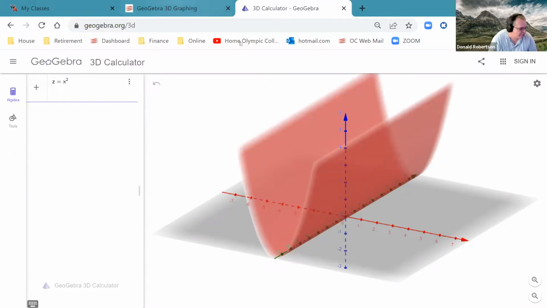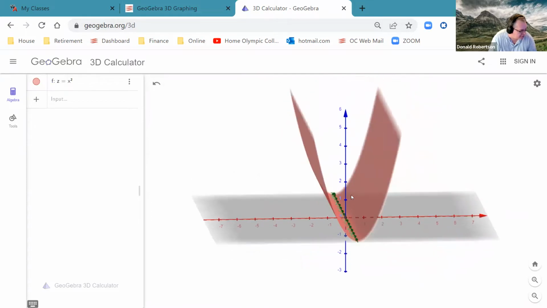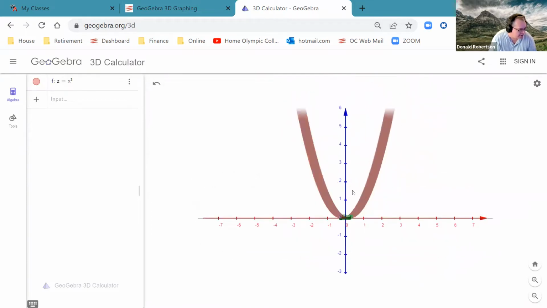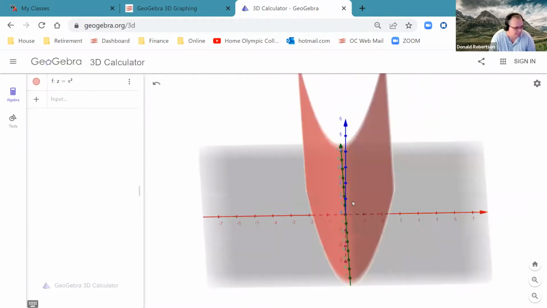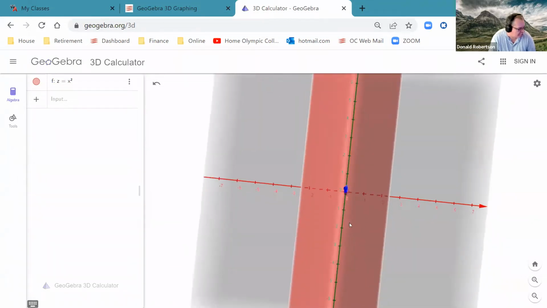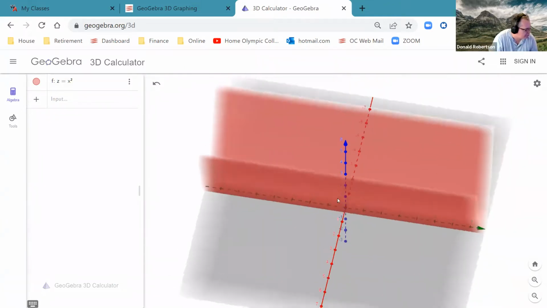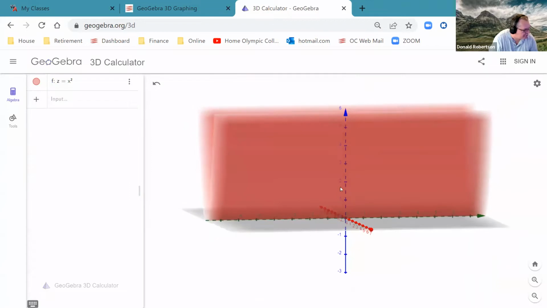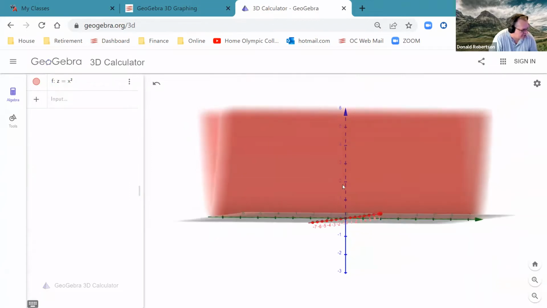Now, one of the advantages of GeoGebra is that if you look at this axis here and turn it on its side, do you see that x squared kind of shape? Now, if you look at it from above, doesn't it look like a rectangle? It's actually a rectangle that's curving down and up. In different orientations, it looks like a rectangle this way.